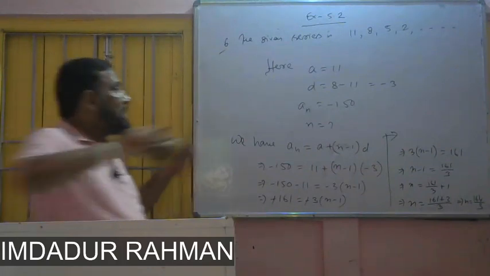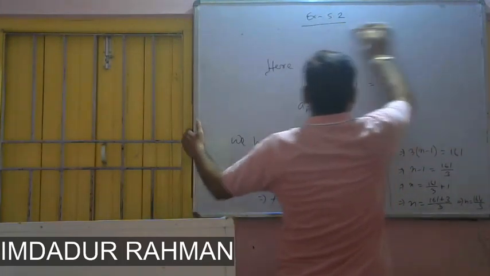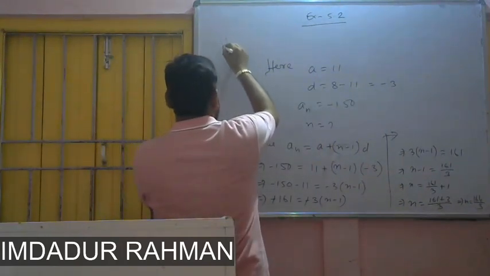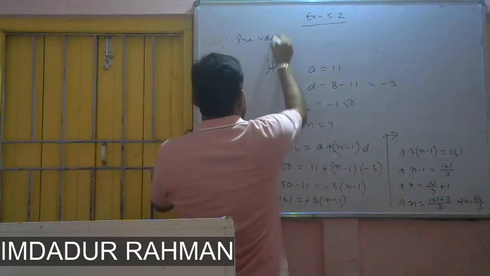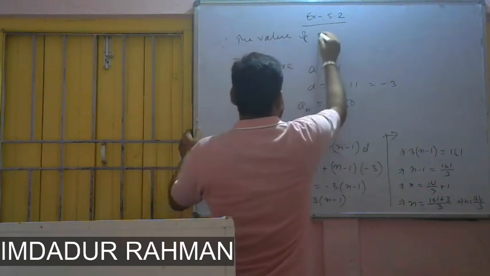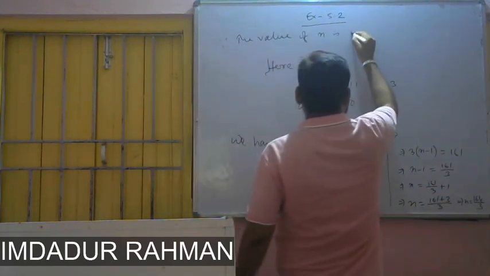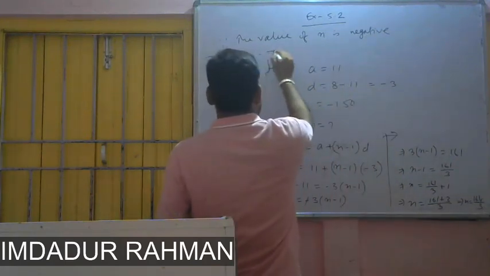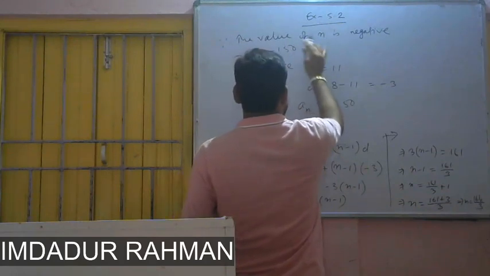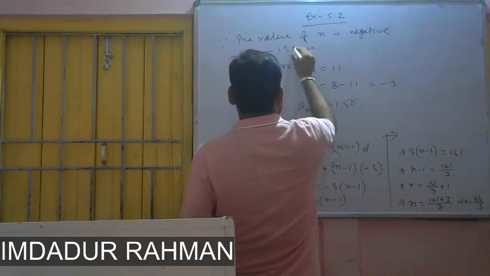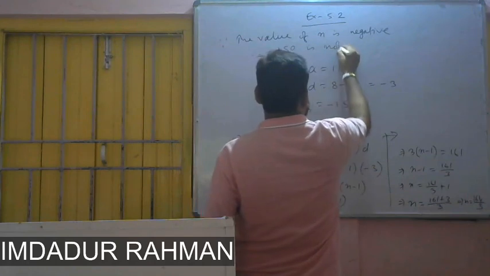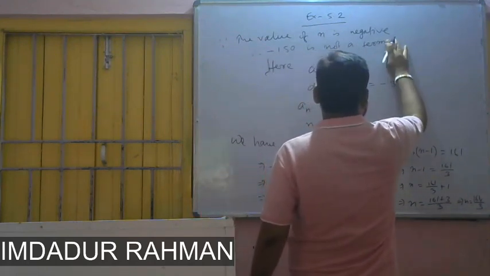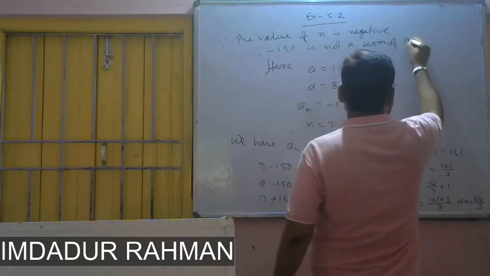So we will write: since the value of n is fractional, therefore minus 150 is not a term of the given series.